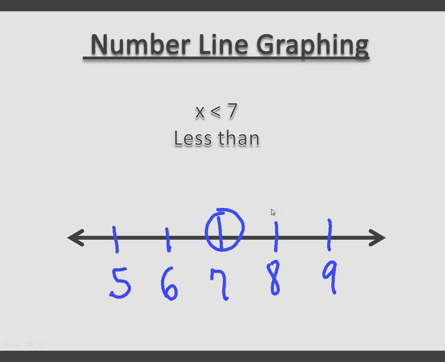So that means anything on the left side of that circle is going to be a true statement, but not 7, because 7 can't be less than 7. That doesn't really make a lot of sense. So that's why that circle is open there. It's saying, right at 7 it's not included, but anything on the left side is included.